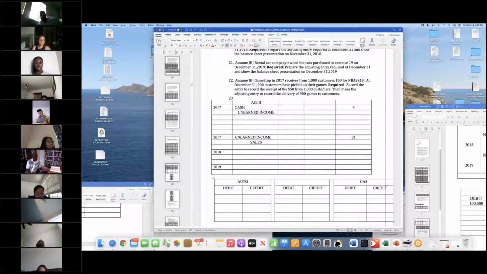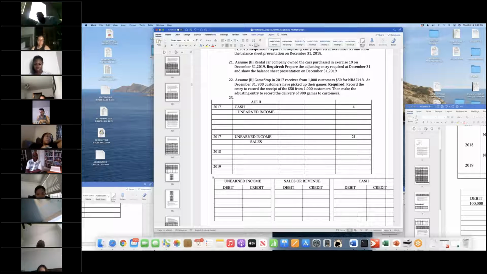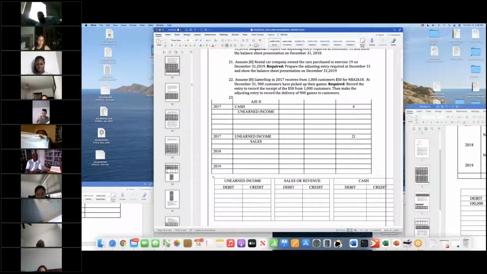So that's not a major thing that we're looking at. Sometimes it will help us, but if we have earned income, which is a liability account, and we have sales or revenue, which is the income statement account.